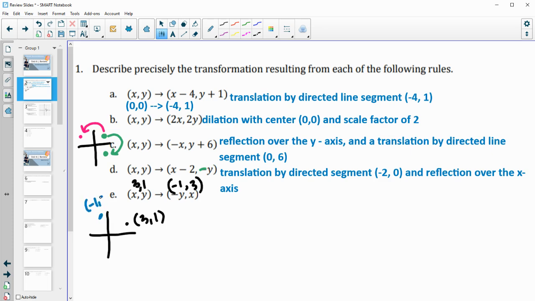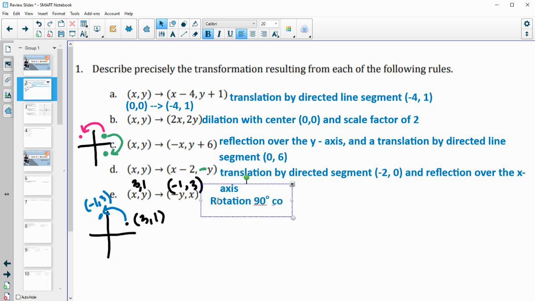And so then here's this point. This one is actually a rotation 90 degrees counterclockwise. I usually don't remember those rules, and I just make up an example for myself and do it to see where it moved to.